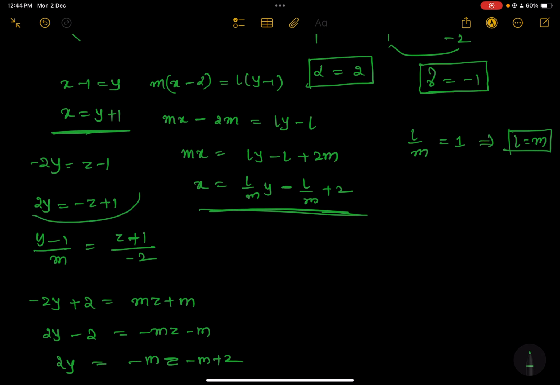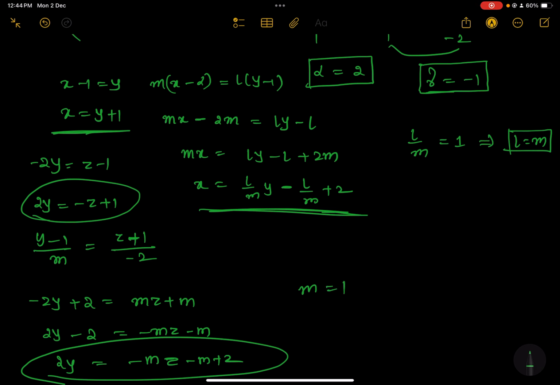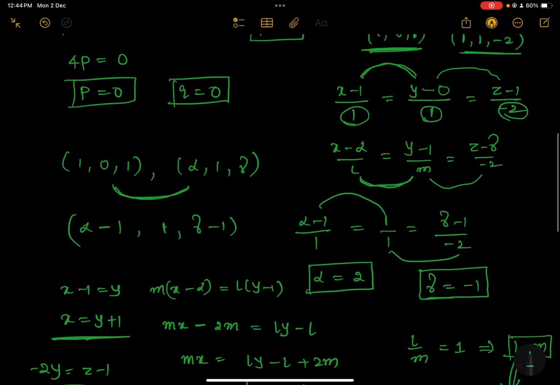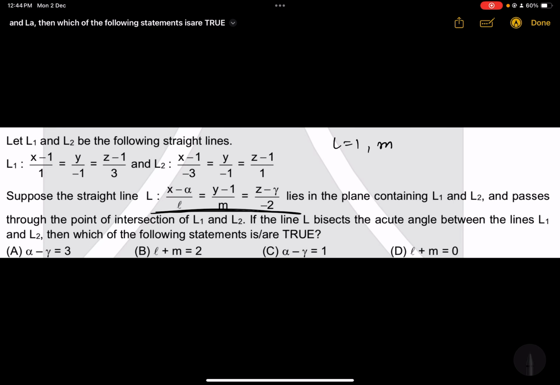So if you compare this equation and this equation, m is clearly 1. So from this we can write l is 1. So l is 1, m is 1, alpha is 2, gamma is minus 1. These are the values we got.